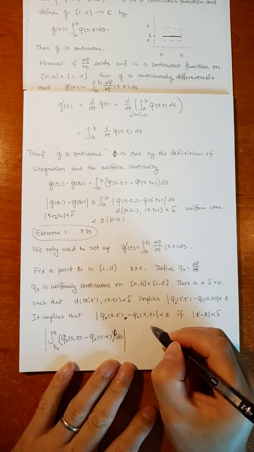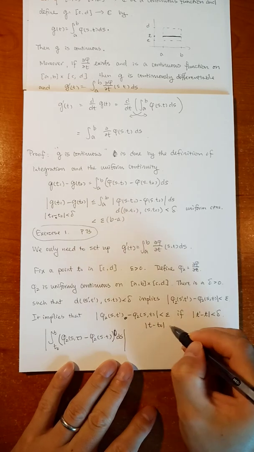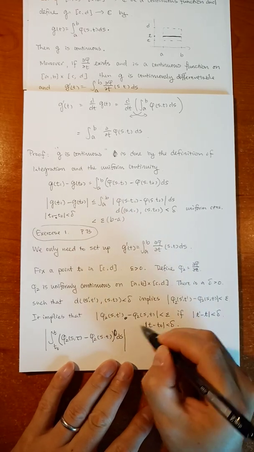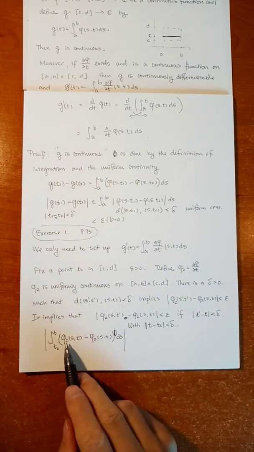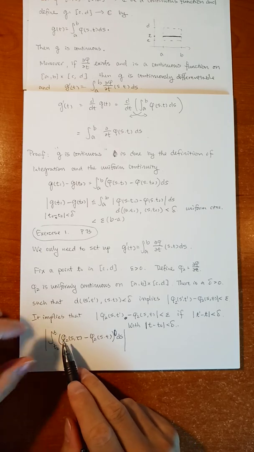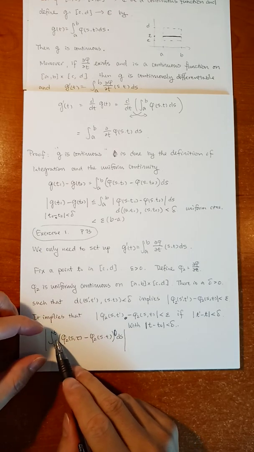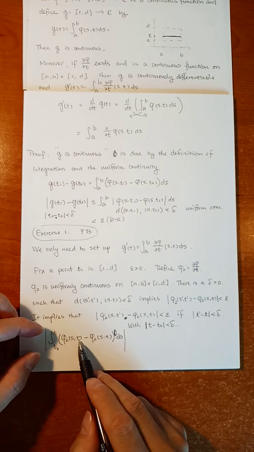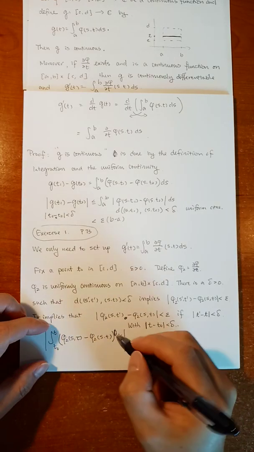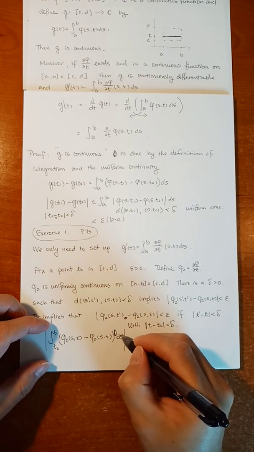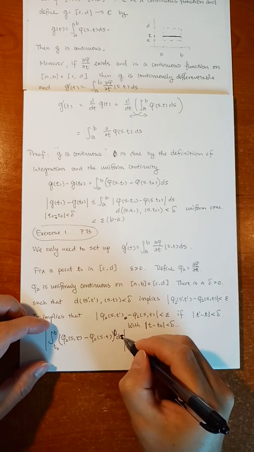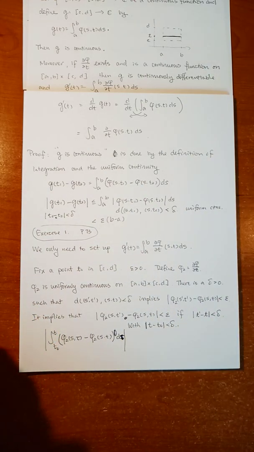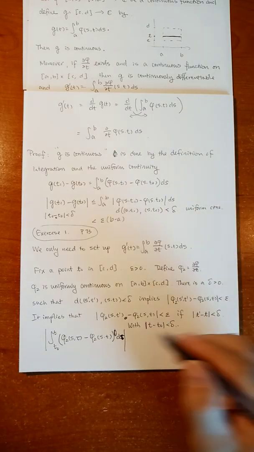Here I require t minus t0 less than delta. With this condition, when you have t0 and t, this is a big interval. Whatever point tau between this interval, we integrate over tau.